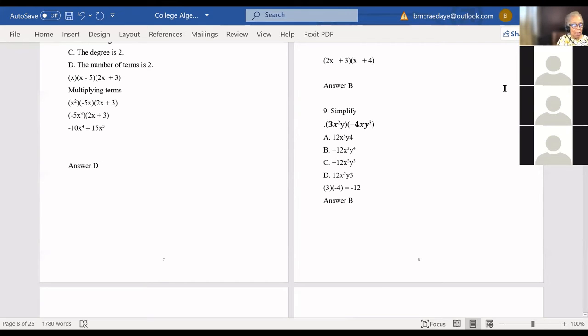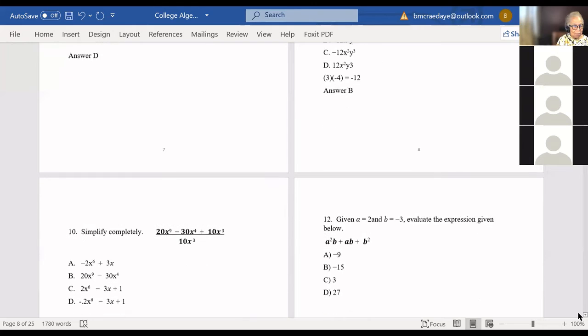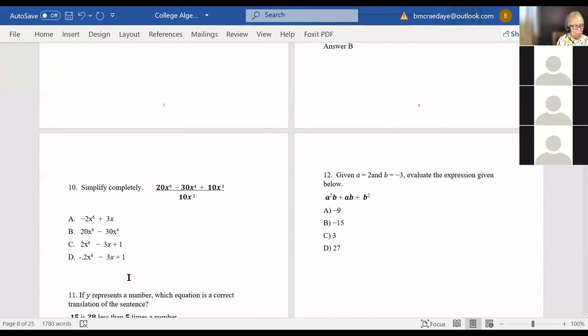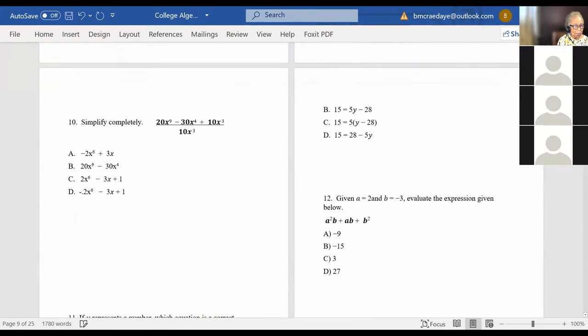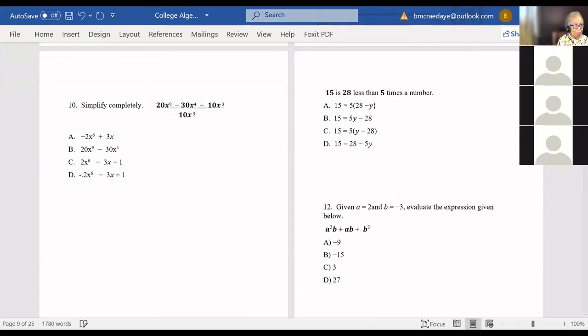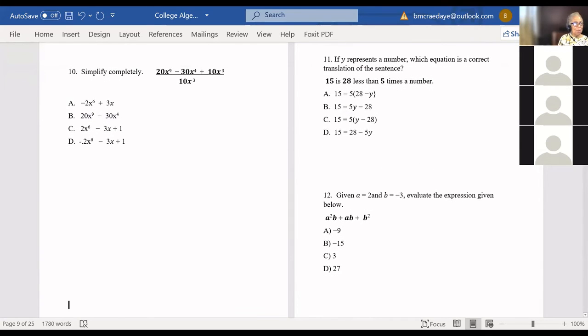Very good. Okay. Now let's go to number 10. Now this one we want to simplify. I don't see it. Oh, yeah, I see it now. Okay. Now what can you divide into each one of those coefficients?